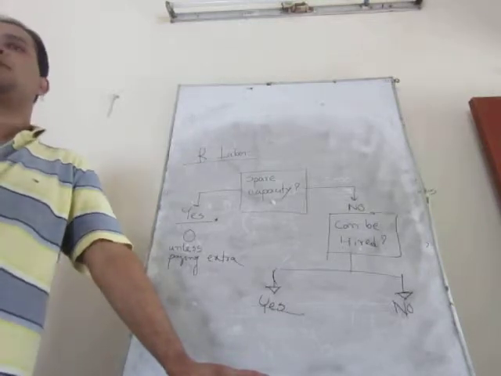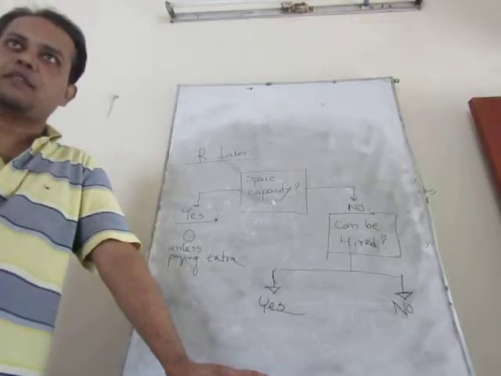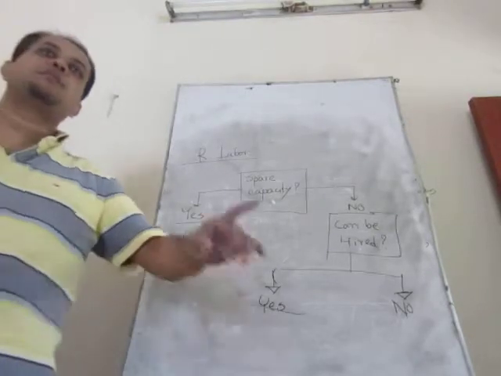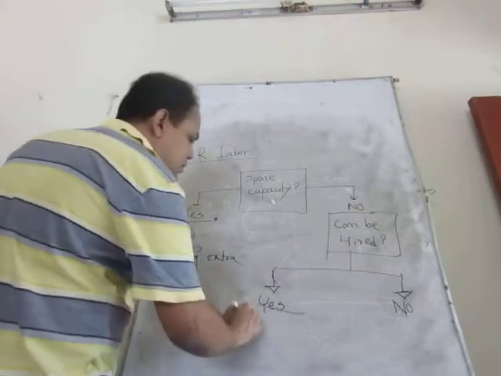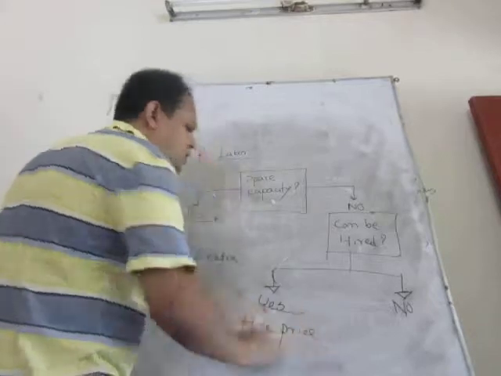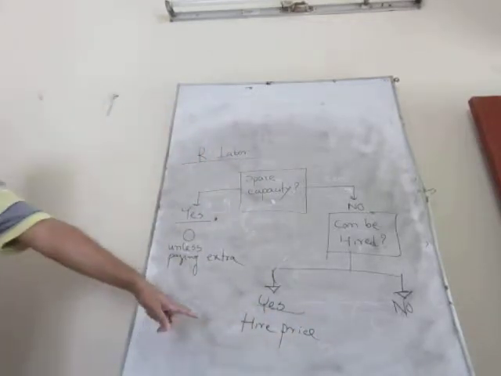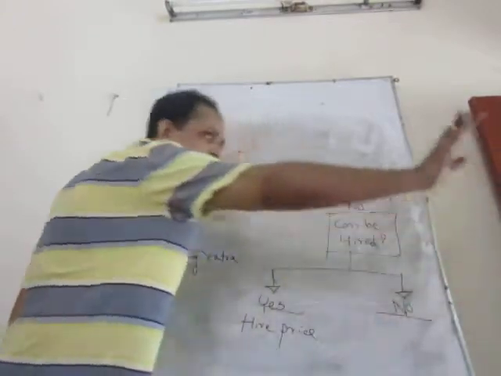In that case, you have to provide a higher price, right? As you are hiring labor from external sources, you have to provide a higher price. In that case, the higher price of the labor is your relevant cost.